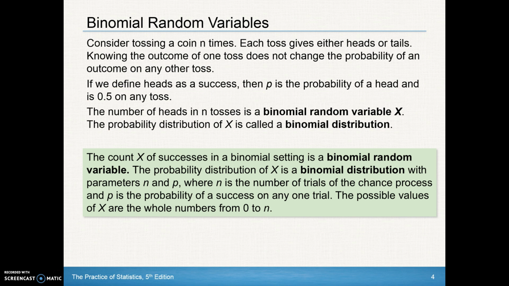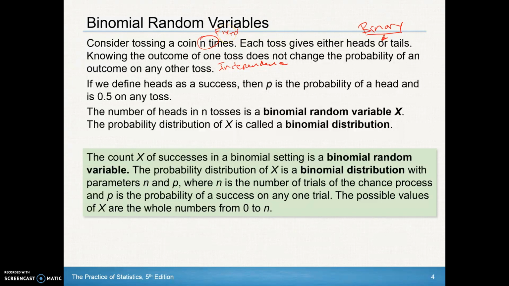So here's another example. Consider tossing a coin n times. Each toss gives either heads or tails. Okay, so there's our binary piece right there, that we've got either heads or tails. Knowing the outcome of one toss does not change the probability of an outcome on another toss. So there's our independence. We're going to toss a coin n times, so that's our fixed number of trials. So we'll have to fix that ahead of time.